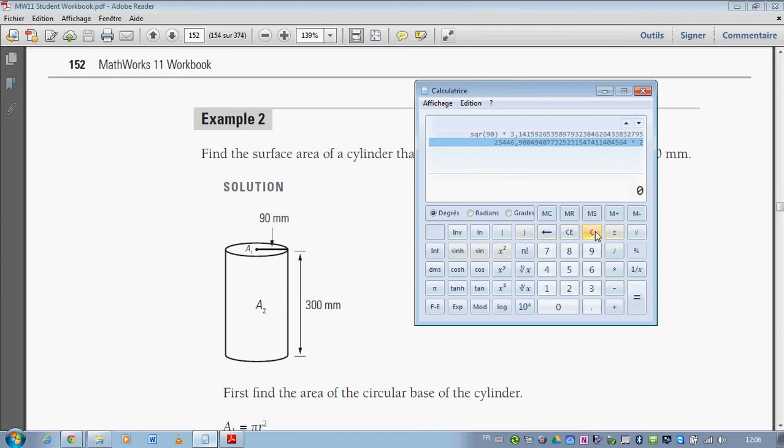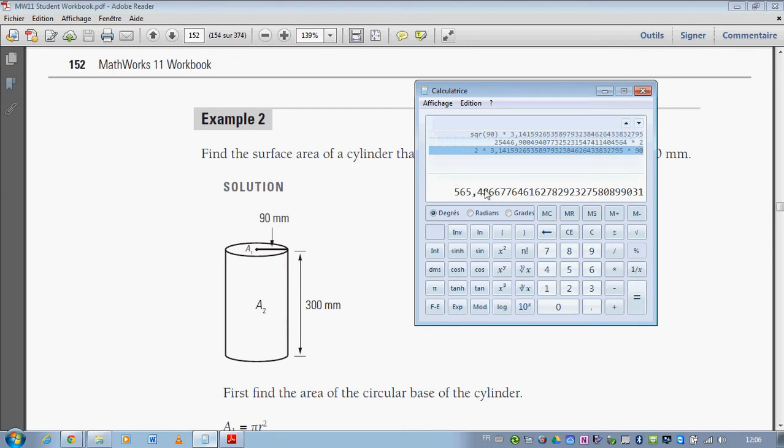A reminder that the circumference is 2 times pi times r, where r is the radius. So the circumference of the circle is 565.487. That corresponds with the width of this rectangle.